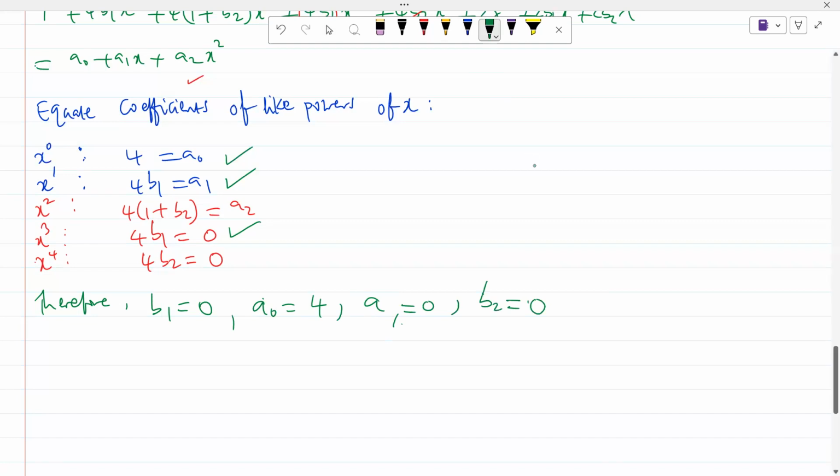And then now we have a2. What is a2? a2 is 4 into 1 plus b2. But b2 is the same as what? It's naught. So which means that a2 is 4.